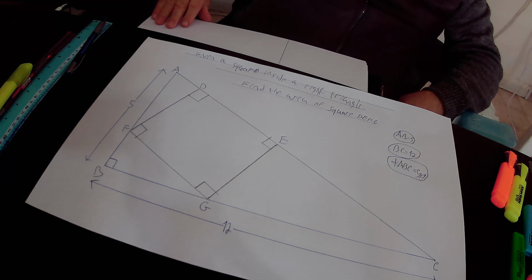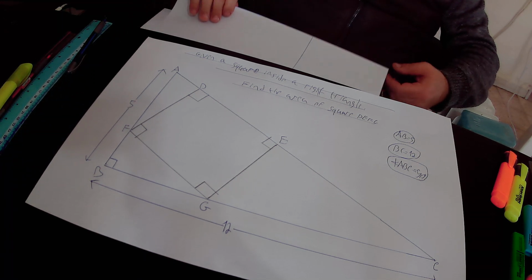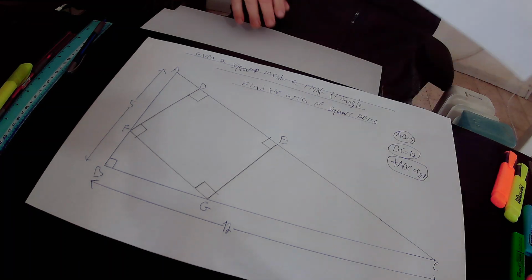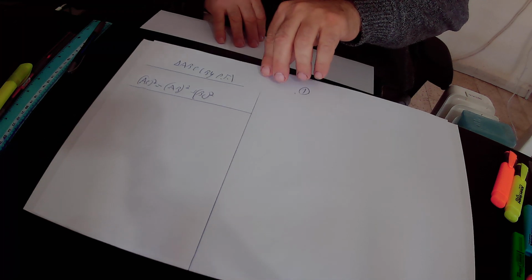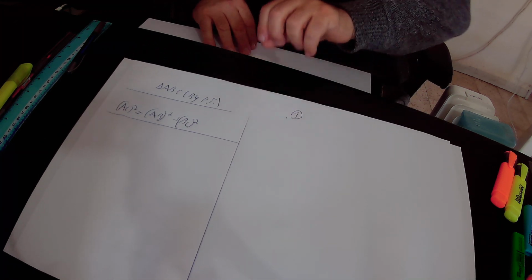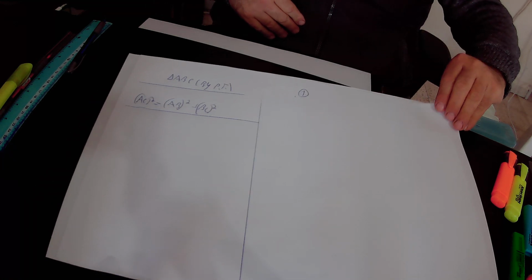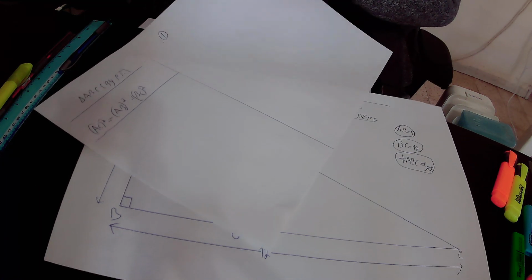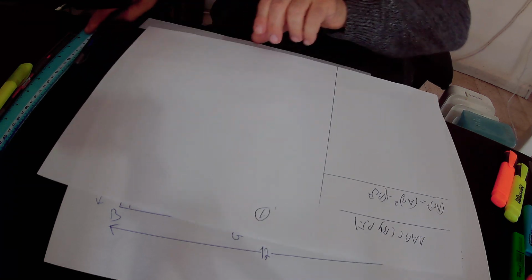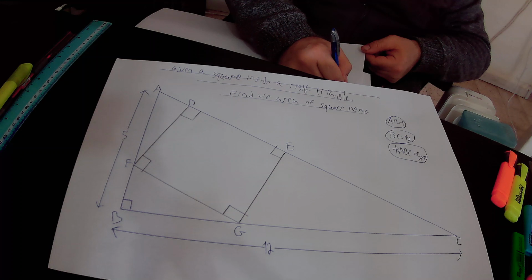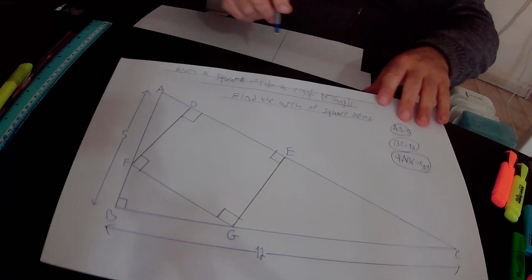Repeat again. According to the Pythagoras theorem, in the right triangle ABC, AC squared equals AB squared plus BC squared. So AC squared, this is the square of the hypotenuse, equals AB squared.